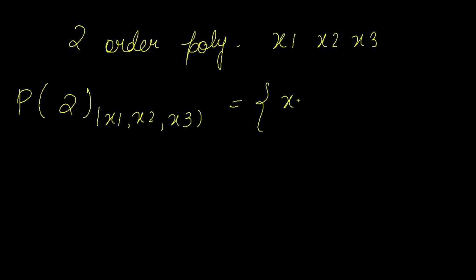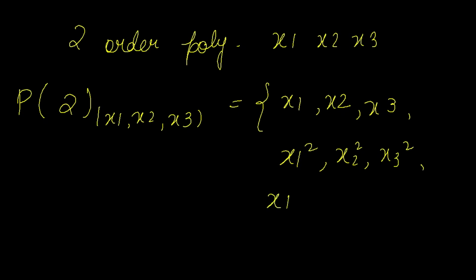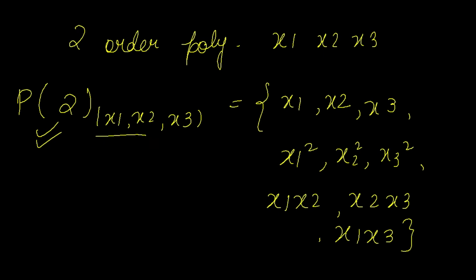The first one is x1 simply, then x2, then x3, then x1 square, x2 square, and x3 square, then x1 x2, x2 x3, and at the end x1 x3. These are the second order polynomial features generated from this data set. You can see that the number of features is very large. When just taking a small number of features from the data set, we have this large number of features.